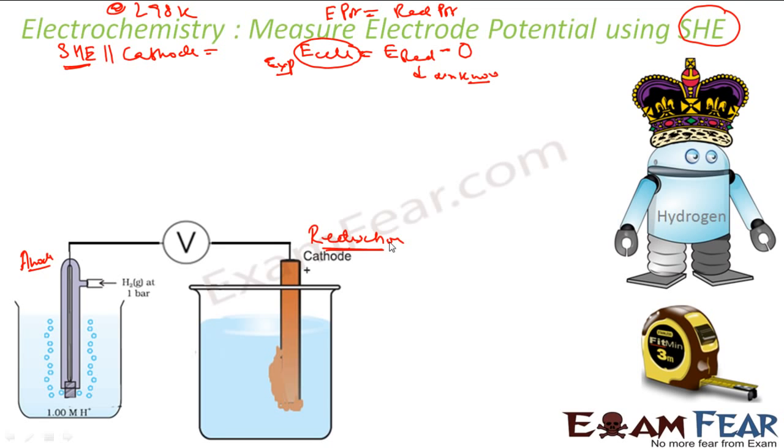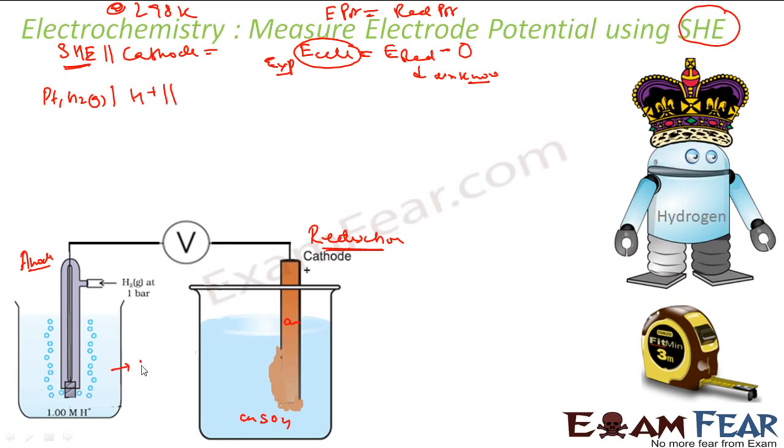Correct? So let's find this for copper. So this is my copper, I'll dip it in copper sulfate solution. So the reaction of the cell is like this. Here I have oxidation happening, that is my platinum coated hydrogen gas getting converted into H plus, and double slash.